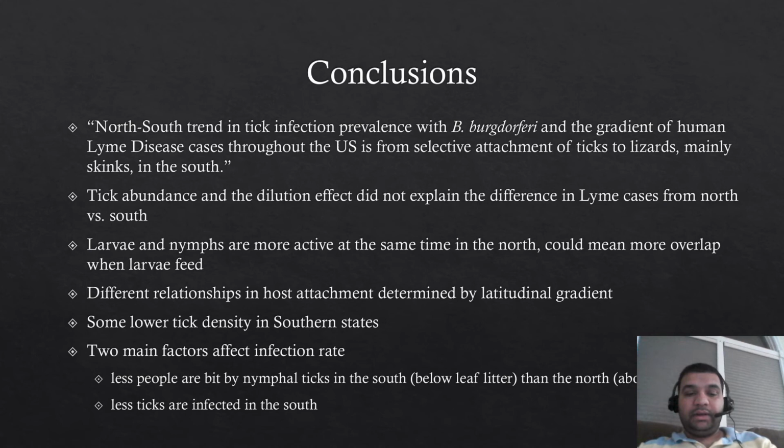Mainly, fewer people are bitten by nymph ticks in the south, and fewer ticks are infected in the south, which could mean there are fewer Lyme disease cases. These are the main points they discuss from their data, and the nearly already known data about Lyme disease and tick distribution is really what's interesting, as we're going to talk about in the next slide.